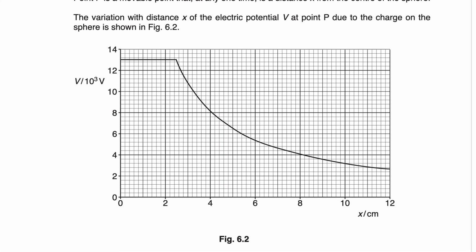What we see here is a straight line until 2.4, and then it keeps on decreasing until 12. Okay, nice. On the x-axis we have x in centimeter, on the y-axis we have volt in 10 power 3 volt. Let's see what question they are asking.